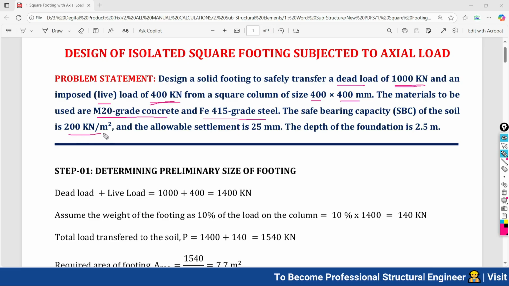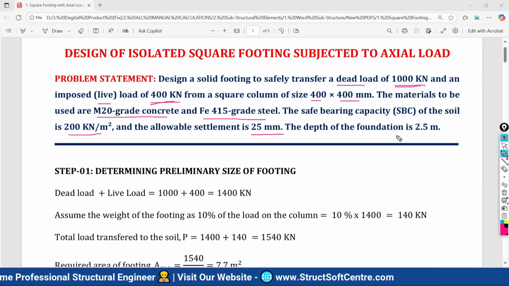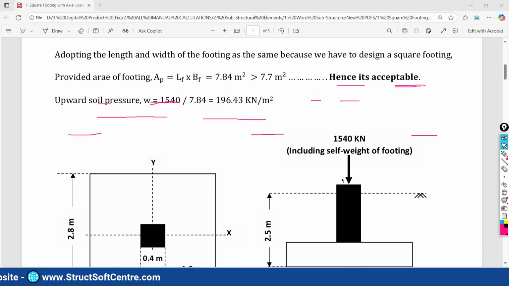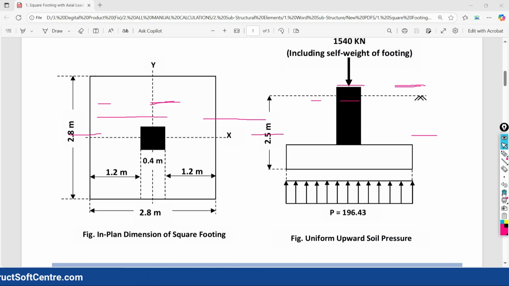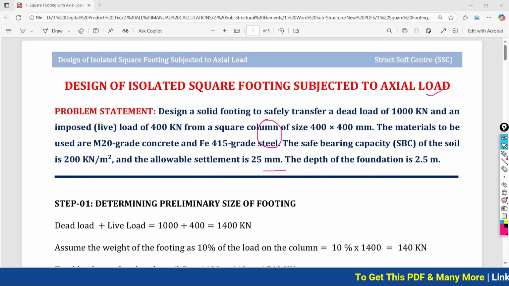This is the SBC of the soil, and as per the soil investigation report, the allowable settlement is 25 mm, and the depth of the foundation from the ground level is 2.5 meter, as from the figure you can see that. So from the existing ground level, the base of the footing is at a depth of 2.5 meter, and there is a column of size 400 by 400 in mm.